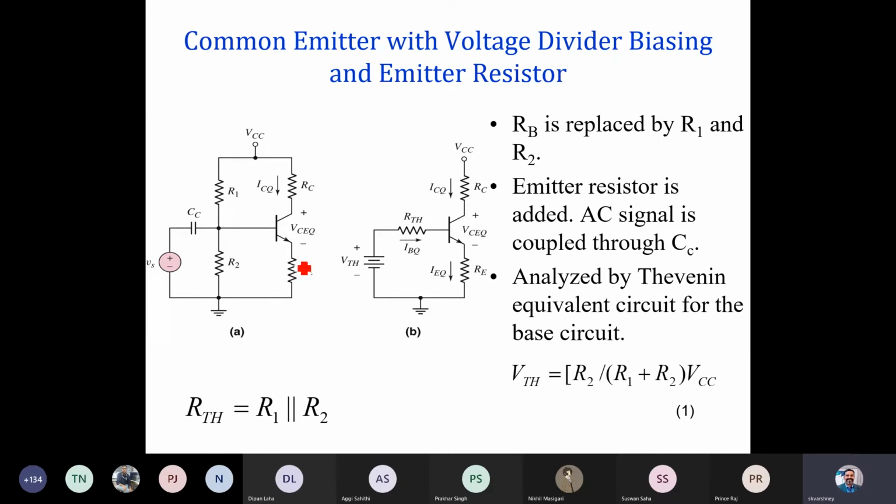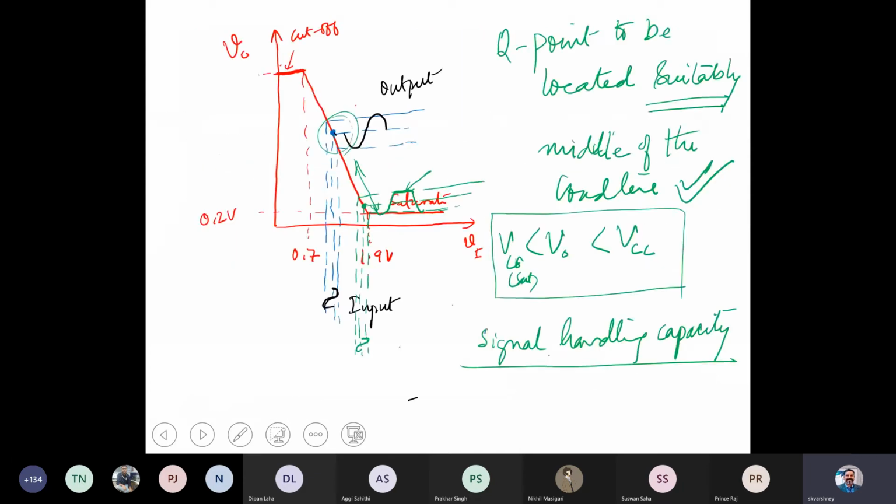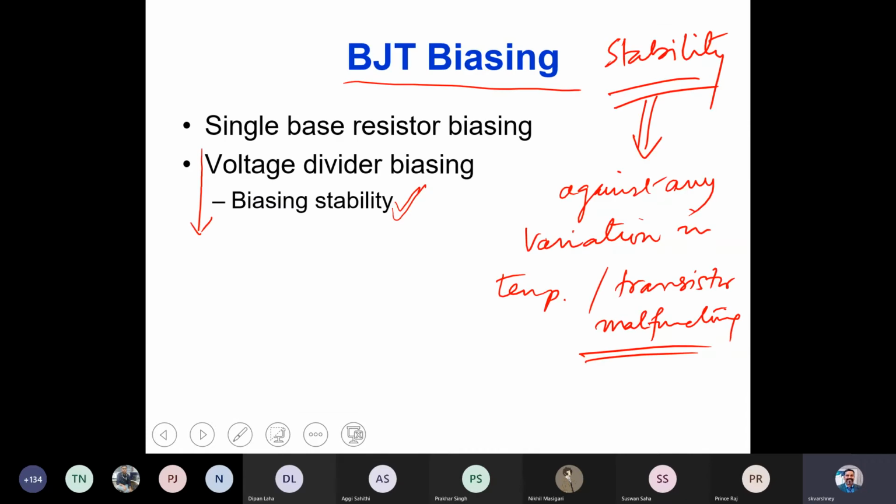So this is a circuit for a common emitter with voltage divider biasing. If you connect RE or not connect RE, let's say you do the analysis without RE, I think yesterday we did it. When RE is present, you'll see the beta component coming into the picture, right? I think we did this kind of example yesterday, if I recall.